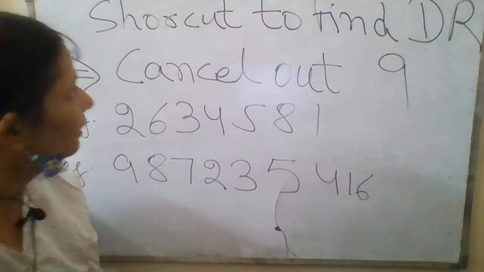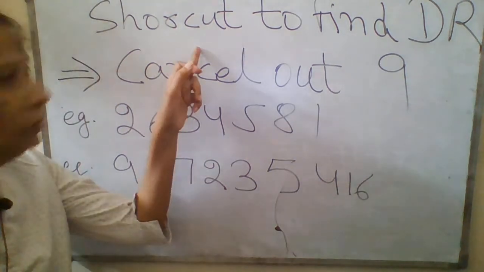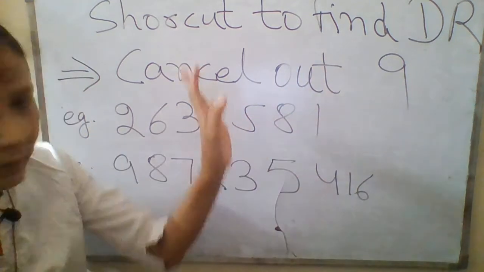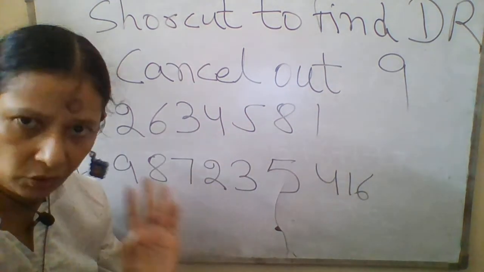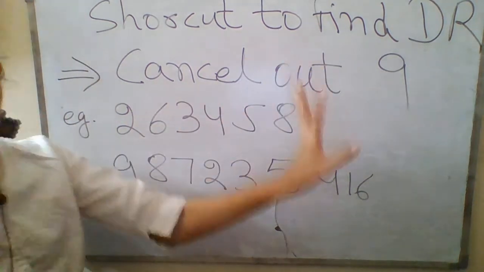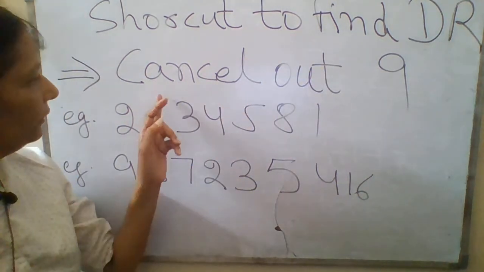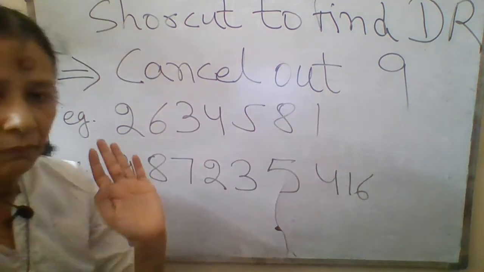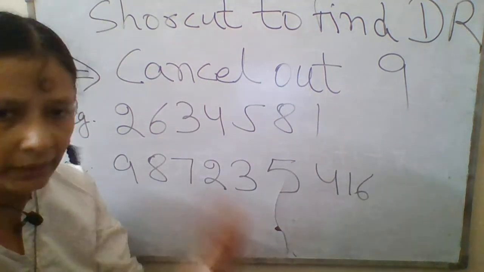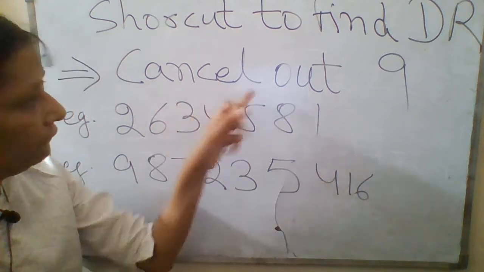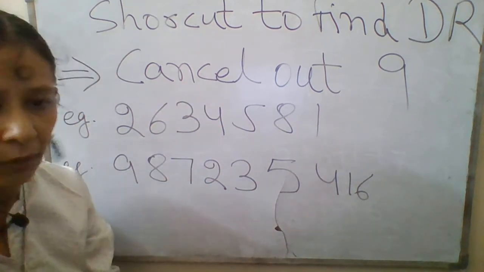Now see what I have written here. Shortcut to find the DR. I am going to tell you a shortcut to find the DR. What is the shortcut? You can read here. Cancel out 9. Wherever you find 9 or any pair that makes 9, you cancel it out. See how?